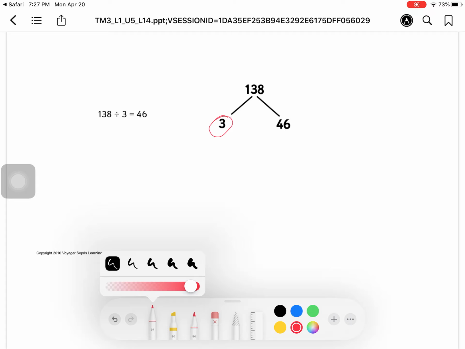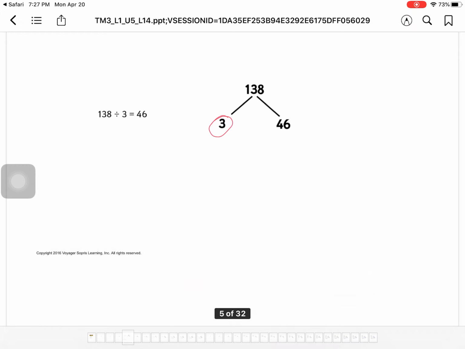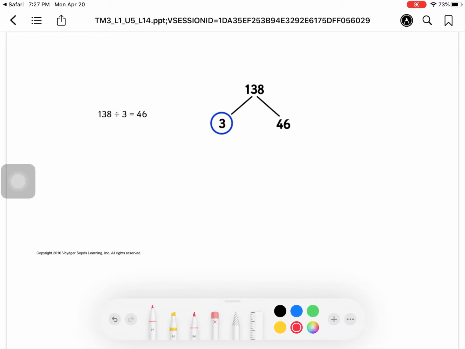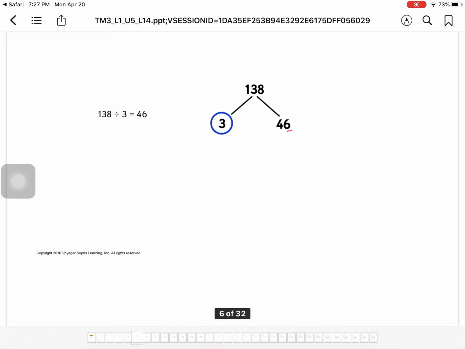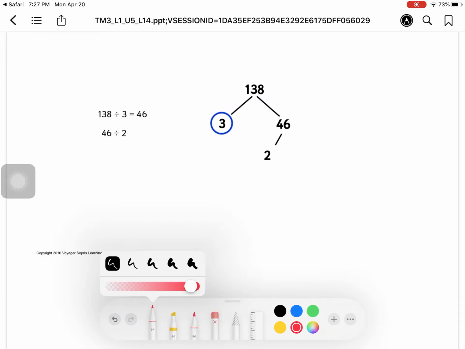So if I'm trying to figure out what the factor of 46 is, I know that 46 is an even number, and I know that because it ends in a 6, and 6 you can divide in half. It's even, so that's how I know it's divisible by 2. So now I need to figure out what half of 46 is.